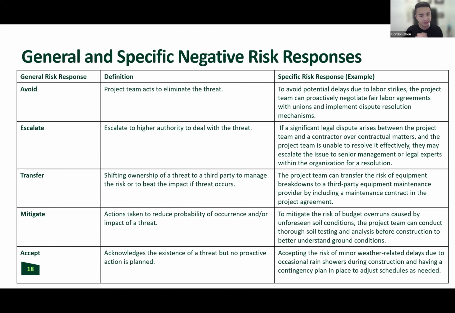What does that mean? Specifically, transfer can be, I'm going to buy insurance. If that person falls and they get seriously hurt, I'm transferring the risk. I'm transferring the impact to someone else. The insurance company will pay for it. Hopefully you see how that worked, right? I've selected a general risk response, which is transfer, and the specific action that I plan is to buy insurance.